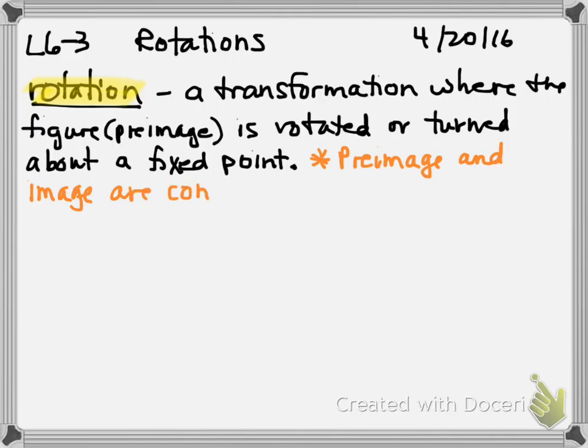Remember, congruent means same shape, same size, same length sides, same sized angles. So preimage and image are congruent.